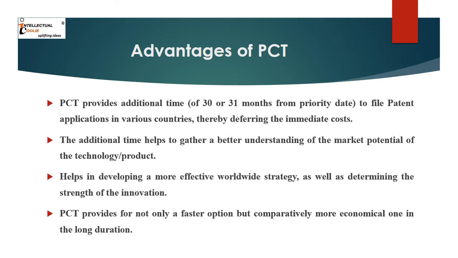Of course there will be different fees for each jurisdiction also, but PCT will only cost you this much for 30 months, and if you decide not to go ahead, then you are saving the money for filing an application. But in the convention route you only get 12 months and you just pay the fees required by the individual jurisdiction, and this is a faster option, comparatively more economical.